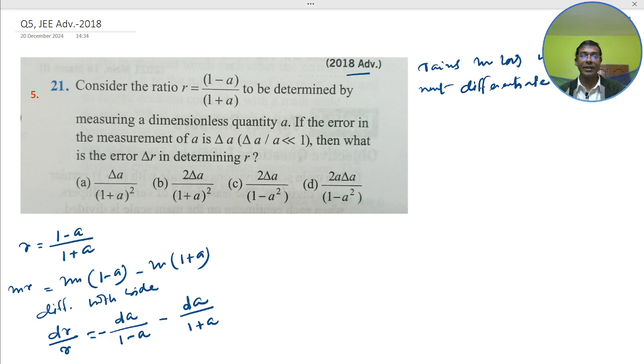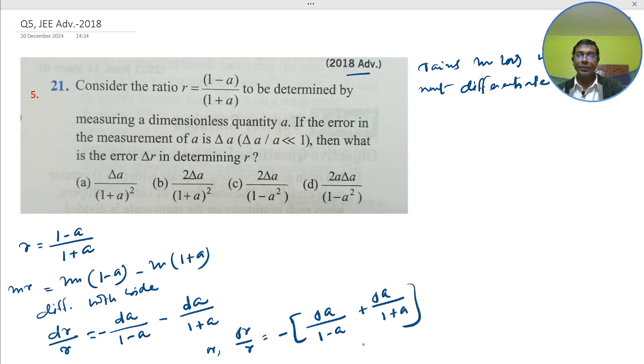We can write del r by r is equal to minus, common here, del a by 1 minus a plus del a divided by 1 plus a, and the two become minus 2 del a divided by 1 minus a square.